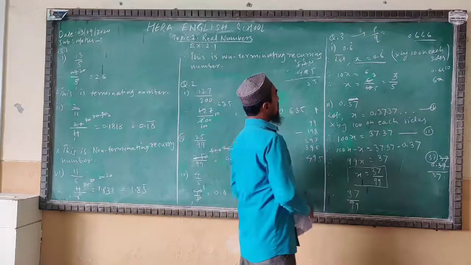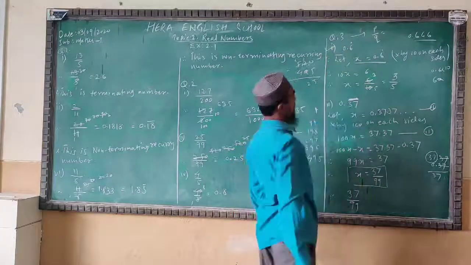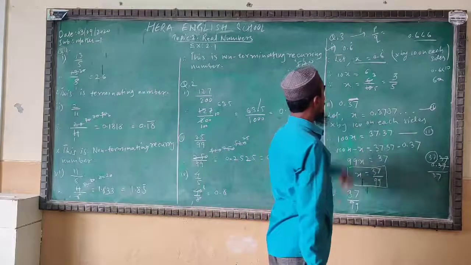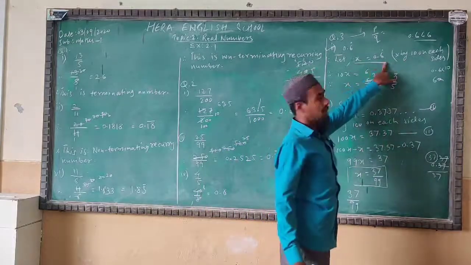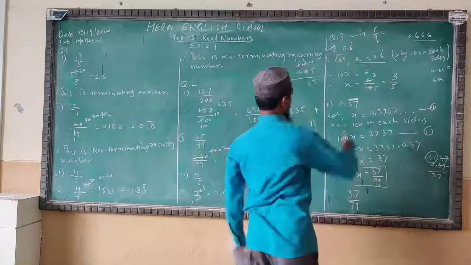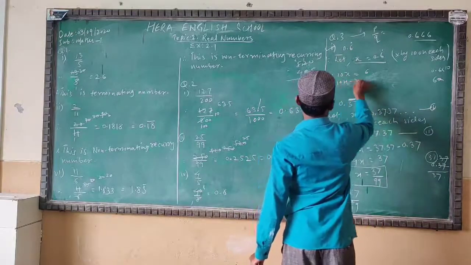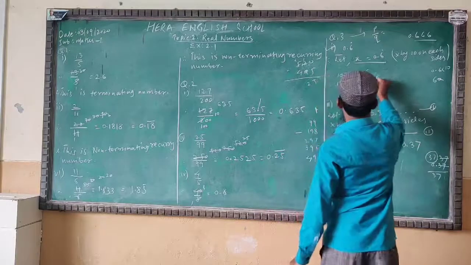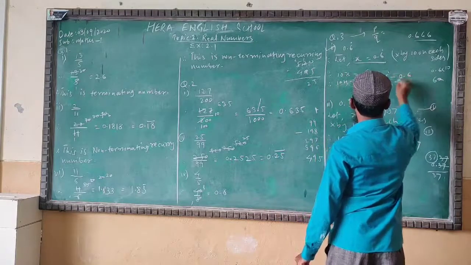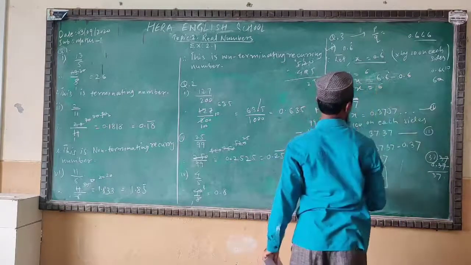Now there is an error in question number 1, so I am repeating it. See very well. Here x is equal to 0.6 bar, and 10x is 6.6 bar. We subtract x: 10x minus x, and 6.6 bar minus 0.6 bar. You get 9x equal to 6 only.